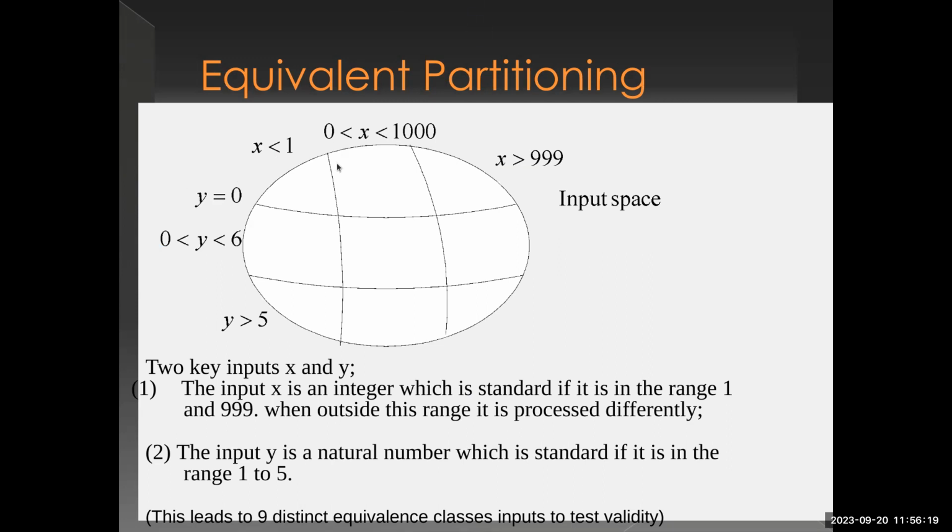Here in this one, equivalent partition, we check whether x is less than 1000 or greater than 0.